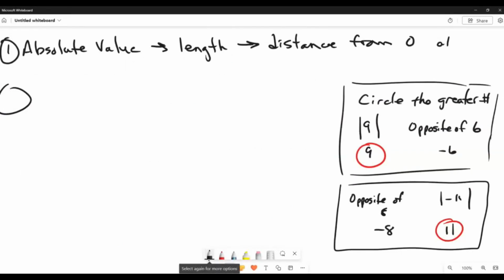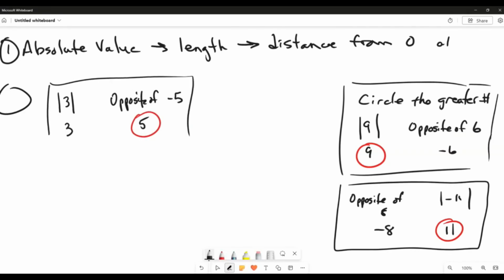Okay, let's look at the one off to the side here that says absolute value of 3 and opposite of -5. Well, the absolute value of 3 is 3, but the opposite of -5 is +5. So +5 would be bigger.